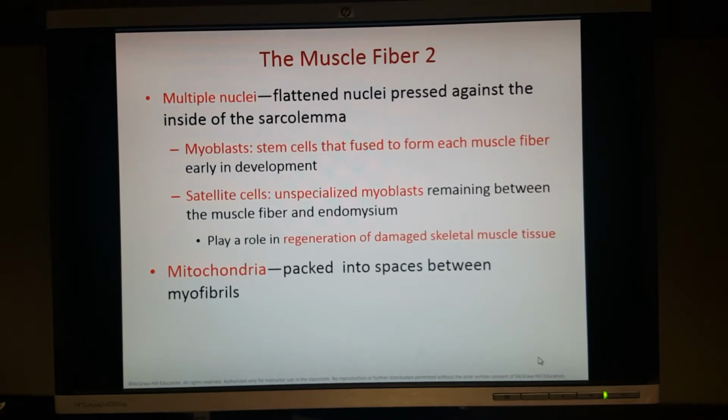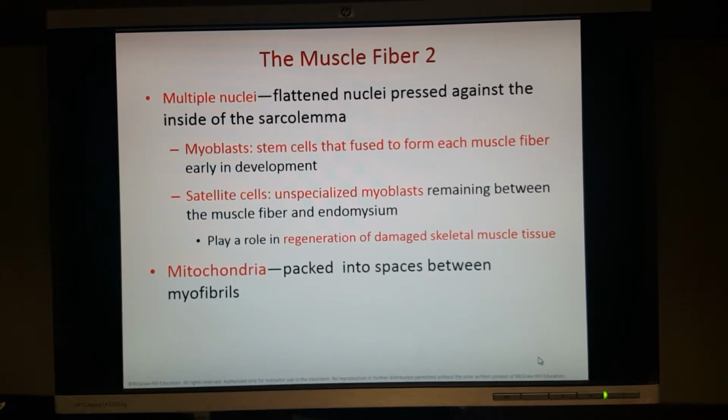Another feature of your skeletal muscle cells is that they have multiple nuclei. During their development, these myoblast cells will converge into each other, so they'll fuse together to form your muscle fiber cell.